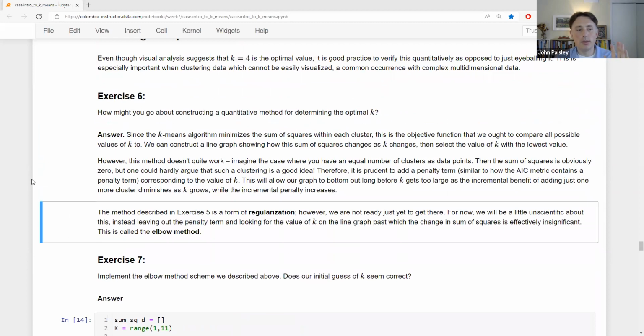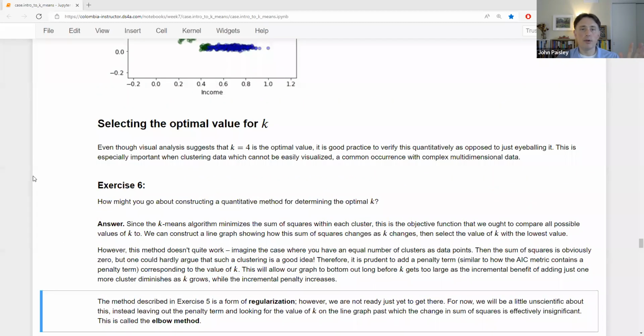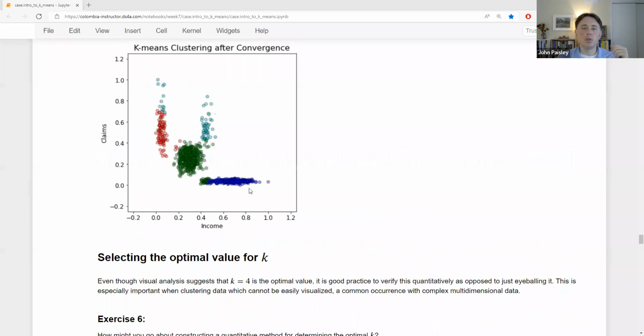Okay, so this is the elbow method in a nutshell. Imagine that you had this data and you clustered it into 2 clusters. You would get something like, maybe these 2 are grouped together and then these 2 are grouped together. And then you calculated the objective function. It would be pretty bad, because if you grouped, for example, all this data together, the centroid would be something like right here.